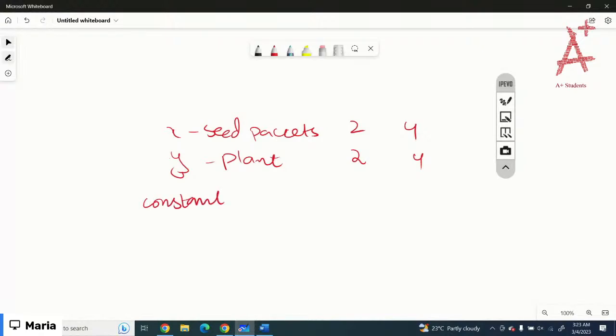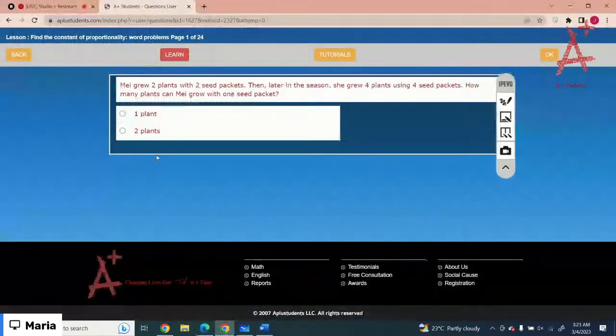So the constant of variation can be calculated by y over x. Got it? That would be 2 over 2 and 4 over 4. So in both cases, the constant of variation must be the same. That means she can grow one plant from each seed packet. Got it? So the correct option is one plant. Just select the correct option and click on the OK button.